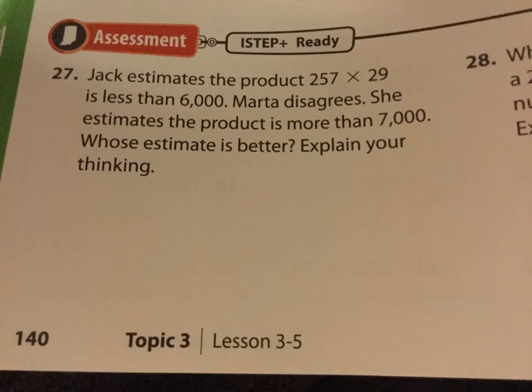One more for your i-Ready practice. It says Jack estimates the product 257 times 29 is less than 6,000. Marta disagrees. She estimates the product is more than 7,000. Whose estimate is better? Explain your thinking. Let's talk through this together. 257 times 29.